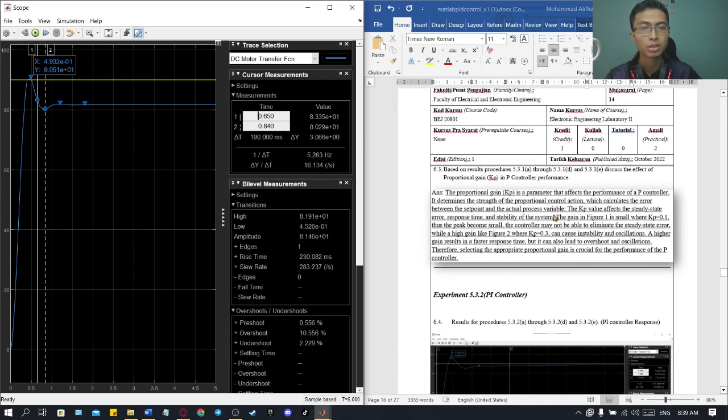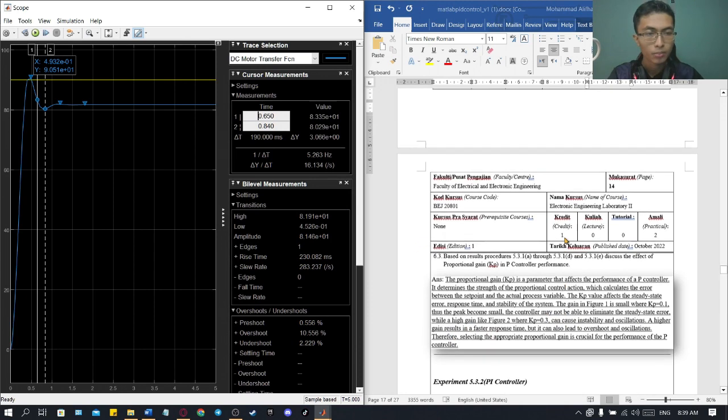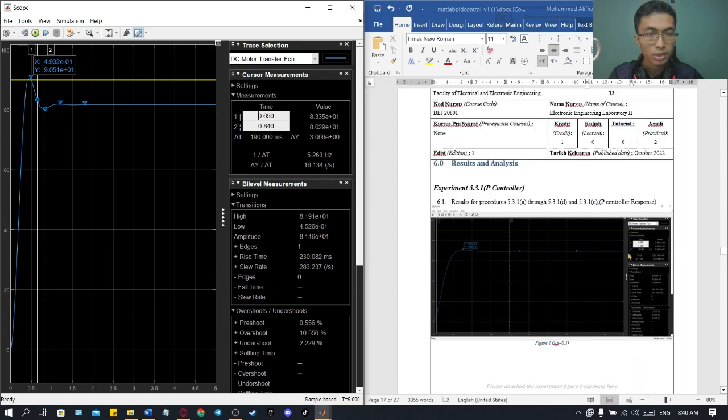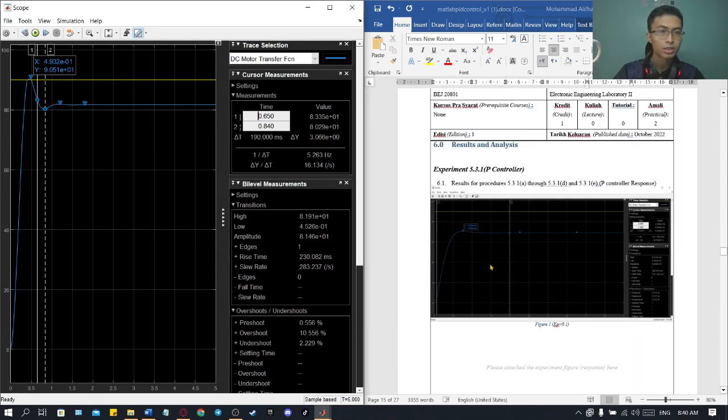You can see the proportional gain KP is the parameter that affects the performance of the controller. If you look at KP 0.1, the peak is there, but we cannot see a proper peak.